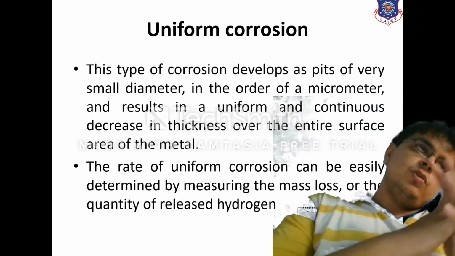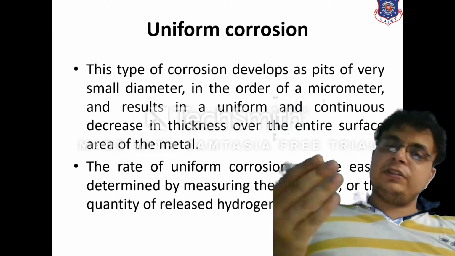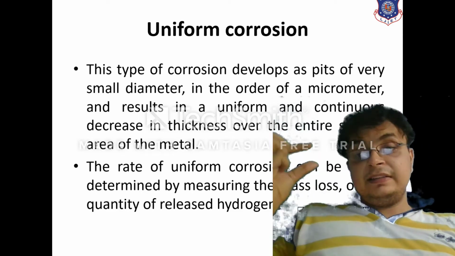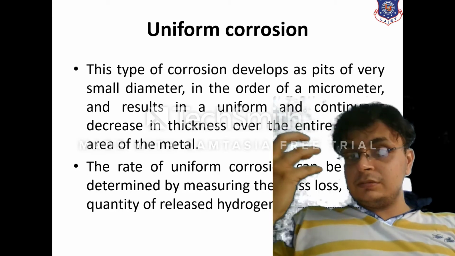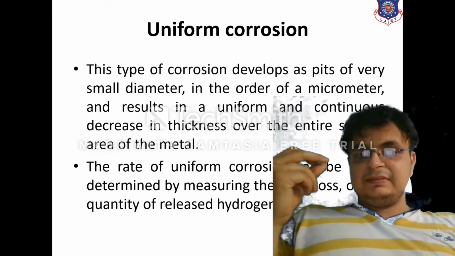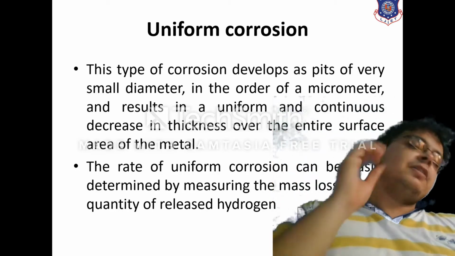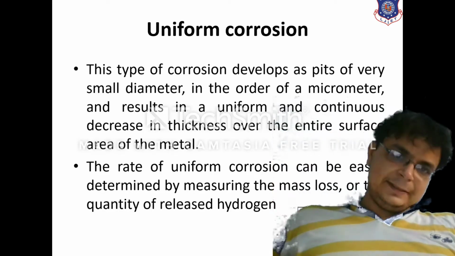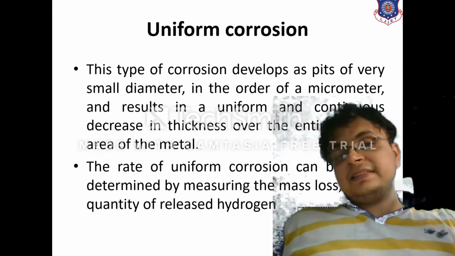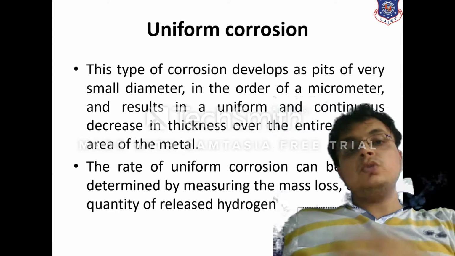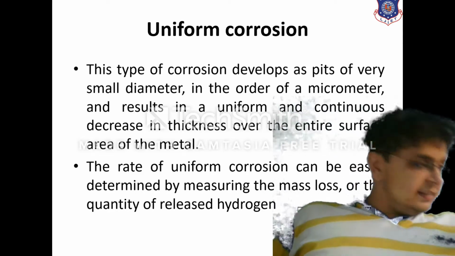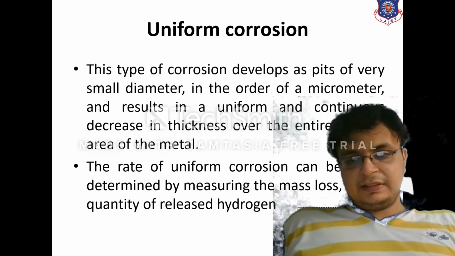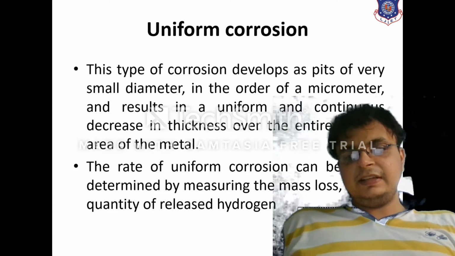When pits are formed on the surface with a small diameter, and the depth is in micrometers, that results in uniform corrosion only when the decrease in the thickness is uniform.